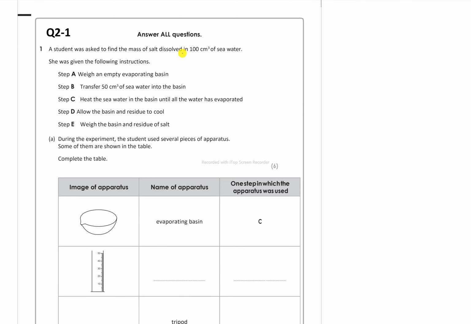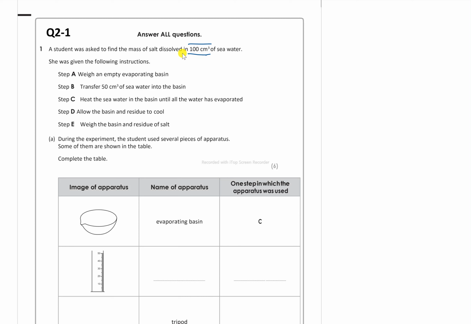A student was asked to find the mass of salt dissolved in 100 centimeter cubed of seawater. So this is key because sometimes when they ask a question, they change this number.